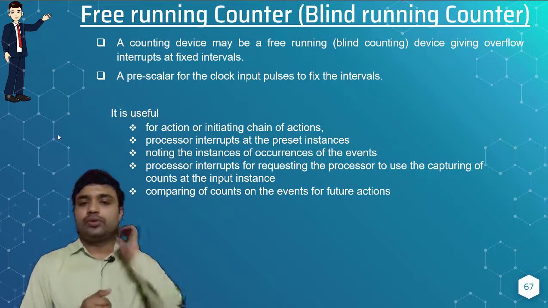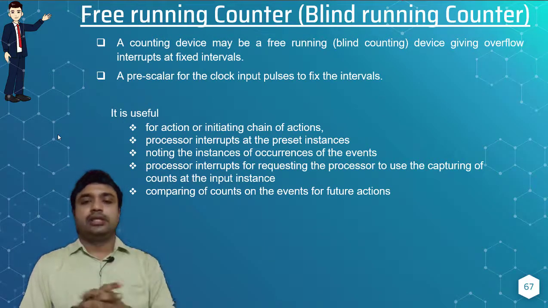Otherwise, if we want to interrupt the processor in its operational functionalities at preset instances, that means at predefined intervals, automatically we can interrupt. The third one is noting the instances of occurrence of events, which can be identified by the free running counter. The fourth one is processor interrupts for requesting the processor to use the capturing of counts at the input instance.